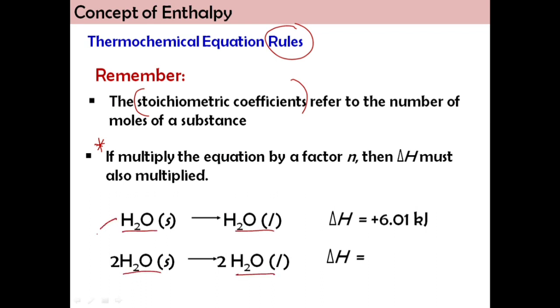Apa yang terjadi daripada original equation nak pergi the second equation, dia akan darab 2. So, kalau equation itu kita multiply by the factor of n, so sekarang ni saya multiply dengan 2. Delta H kena multiply juga. So, untuk delta H for this reaction, positive 6.01 will times 2. Jadi, untuk reaction ini, kita pun dapat value of enthalpy is positive 12.02 kilojoule. Okay, so hopefully boleh faham untuk yang ini.